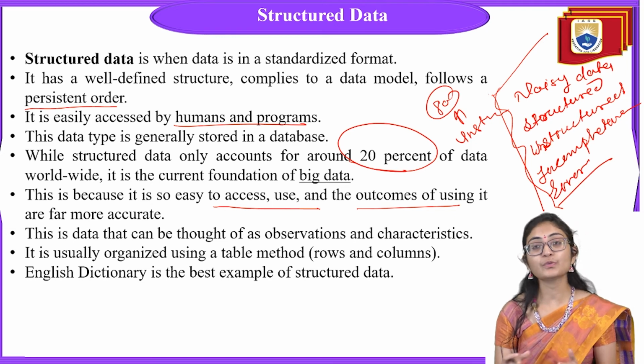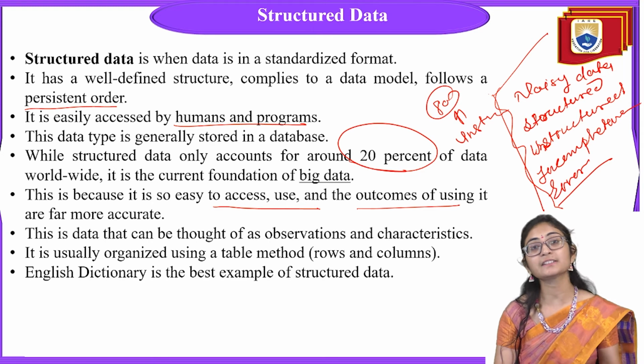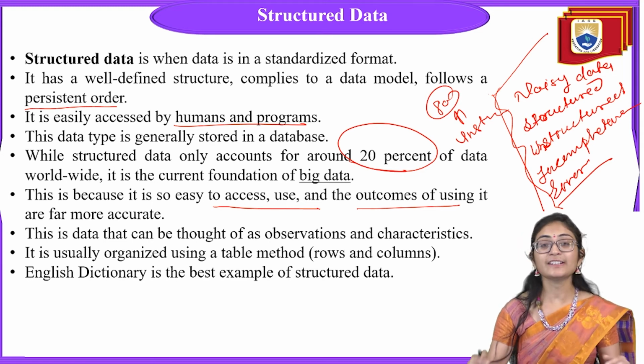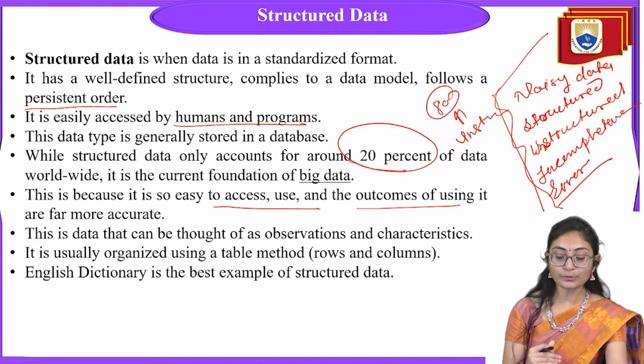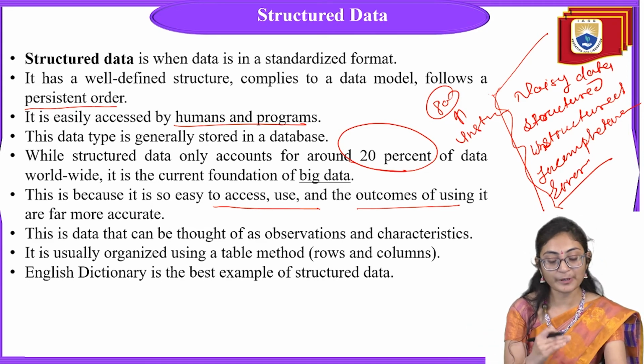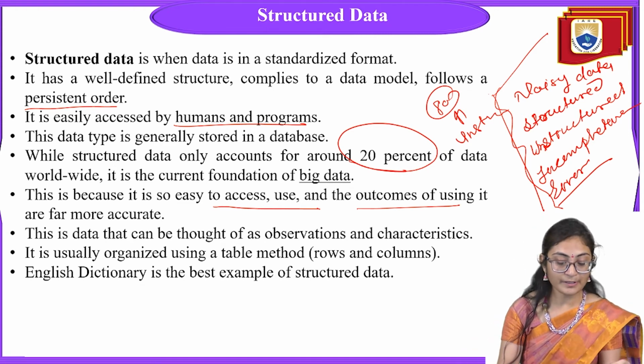If you use unstructured data, it can contain errors and noisy data, and it can give errors also. So you have to use only structured data. If you use structured data, the outcomes will be correct and accurate.